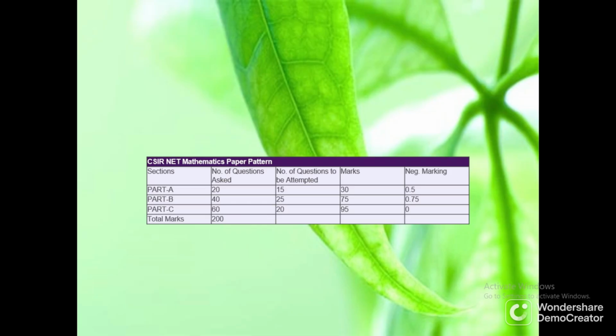Part C: 60 questions, attempt 20 questions, marks 95, no negative marking. This table gives a clear idea of the number of questions in the paper, how many to attempt, the marks allocation, and also the negative marking. So this table is very important for NET exam candidates.